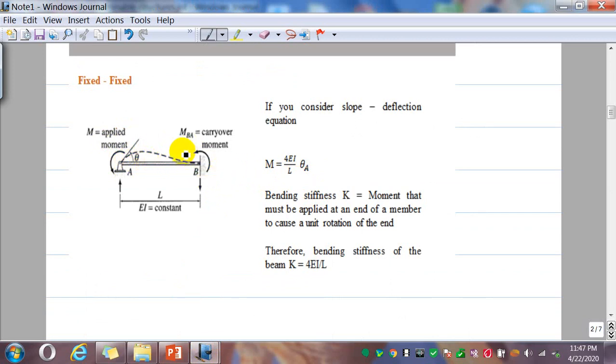And the carryover moment is half of that, which is 2EI theta_A over L.